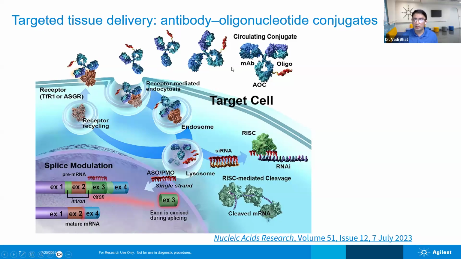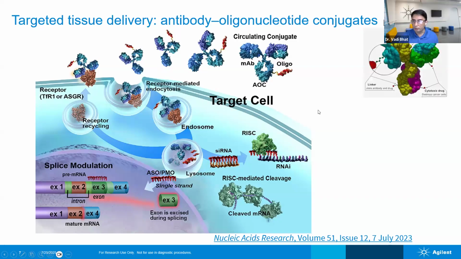Monoclonal antibodies are really good at being directed to particular organs, tissues or cell types, so that the drug can enter the particular cells and then act as supposed to. That's why antibody oligoconjugation or peptide oligoconjugation is called AOC or POC. They are really gaining attention, and it's going to grow in the next few years.